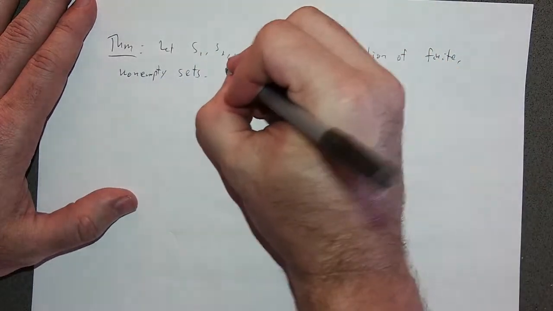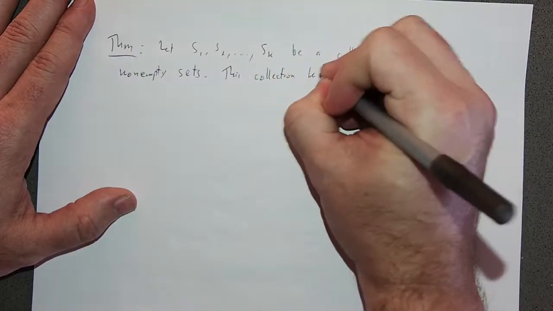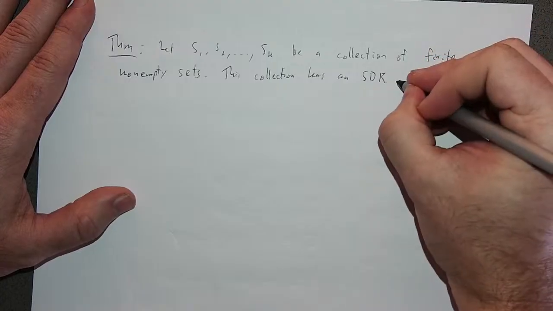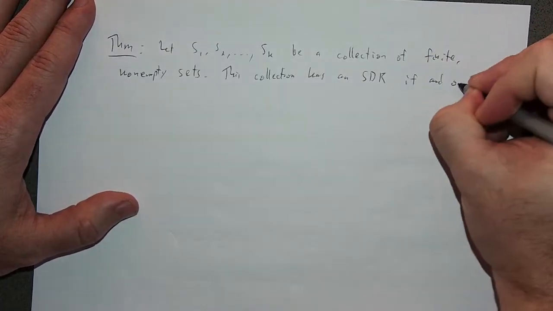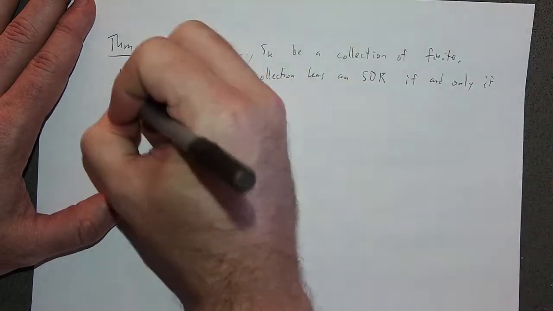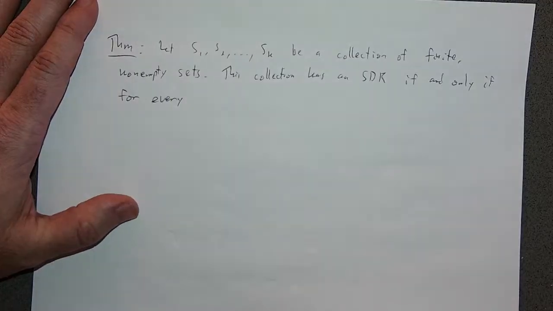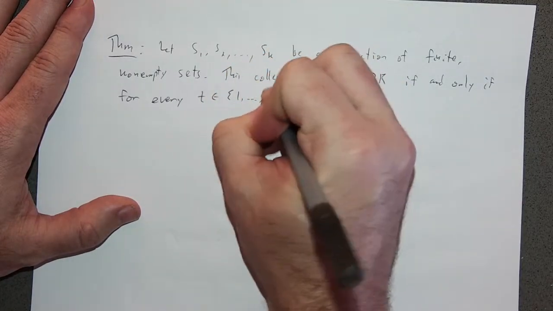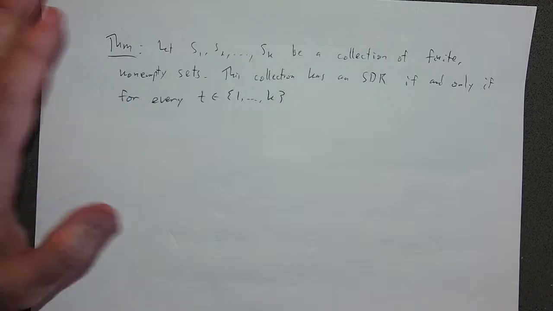This collection has an SDR if and only if for every t in the set of indices 1 to k, the union of any t of these sets contains at least t elements.